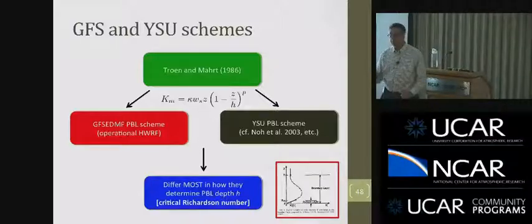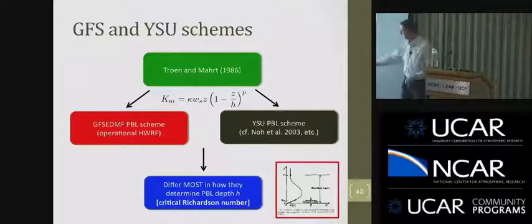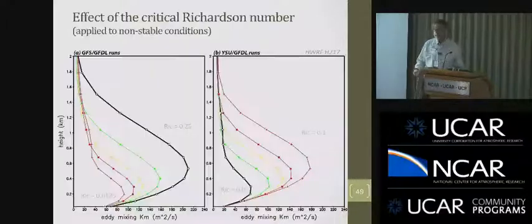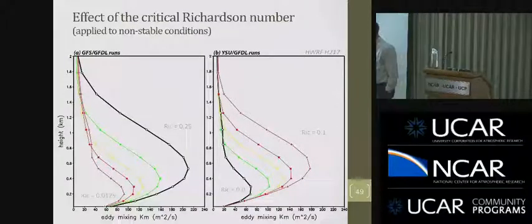YSU uses a much smaller critical Richardson number, and as a consequence, other factors being equal, it ends up with a shallower boundary layer depth, and that means less mixing applied to moisture and other things. So basically it is that. I'm going to try to demonstrate that with this experiment using the HWRF model. On this side, I'm starting with GFS simulations.